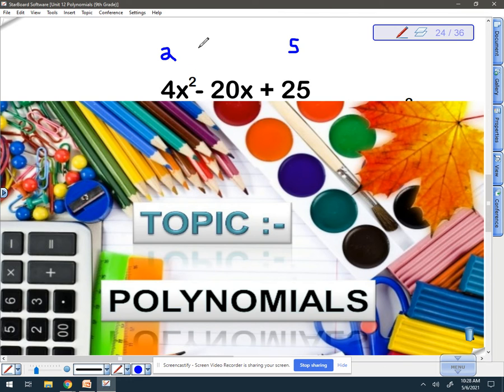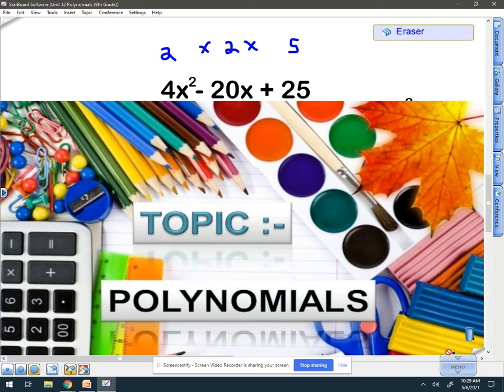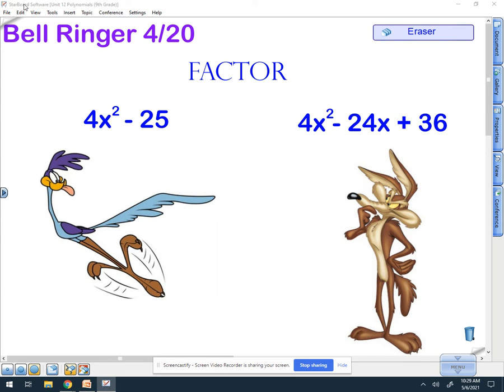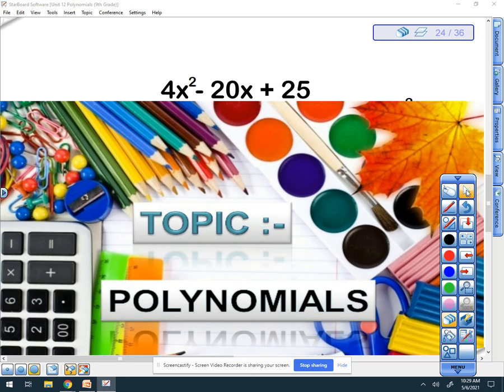And then if I do 2 times 2 times 5, does it equal 20? 2 times 2 is 4, times 5 is 20. So yep, that worked. So we know we can use this method.